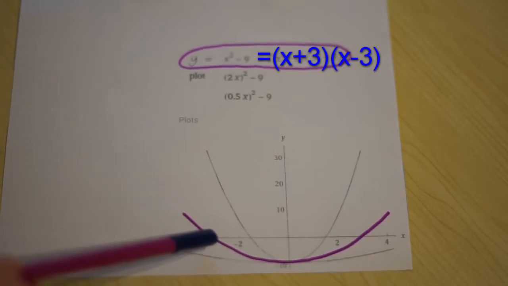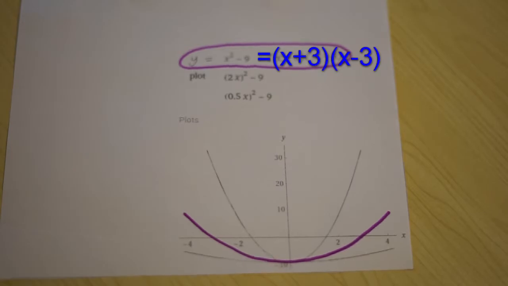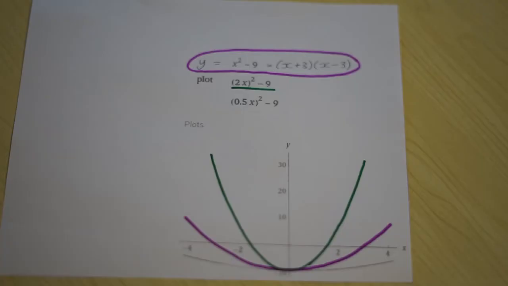We can see the roots are -3 and 3, and that it goes through -9 on the y-axis. So there it is. So what happens if you multiply all of the values of x within this equation by 2? Here it is drawn in green.